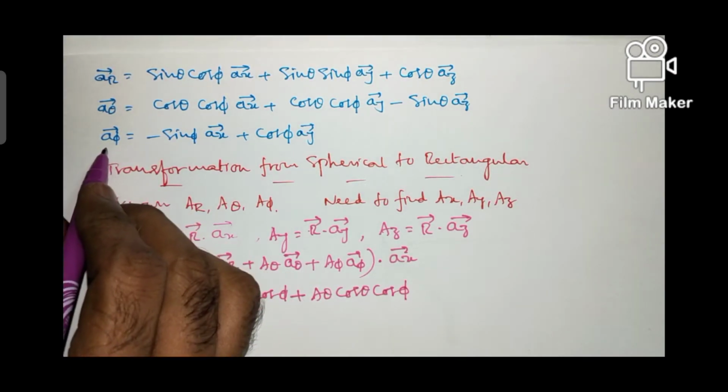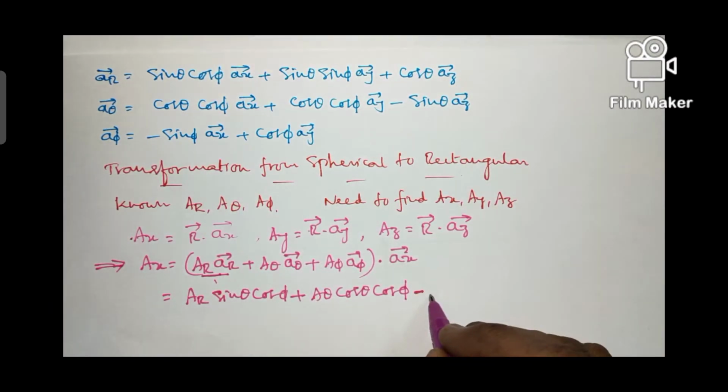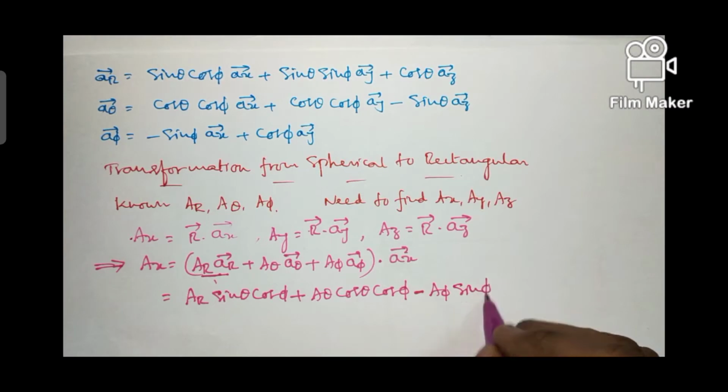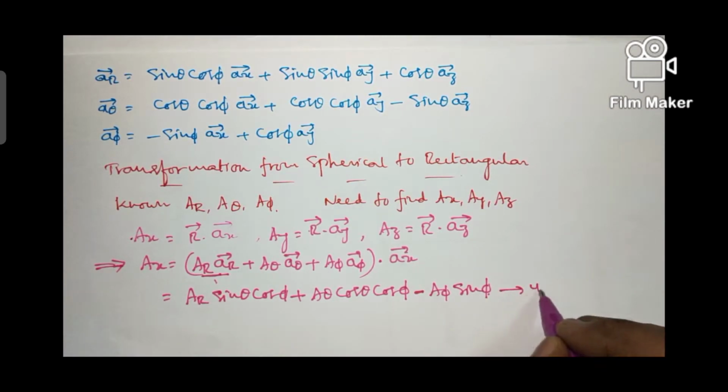And when you consider a_phi bar dot a_x bar, we get minus sin phi, a_phi into sin phi. Hope the things are clear to you. Let us name this equation as number 4.